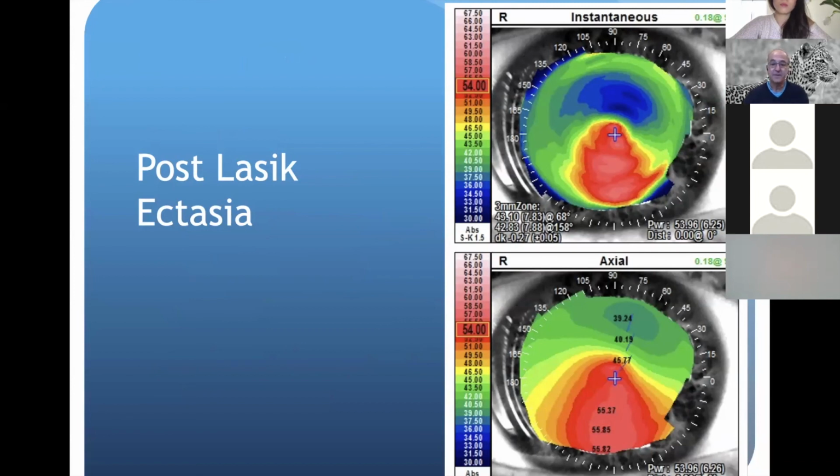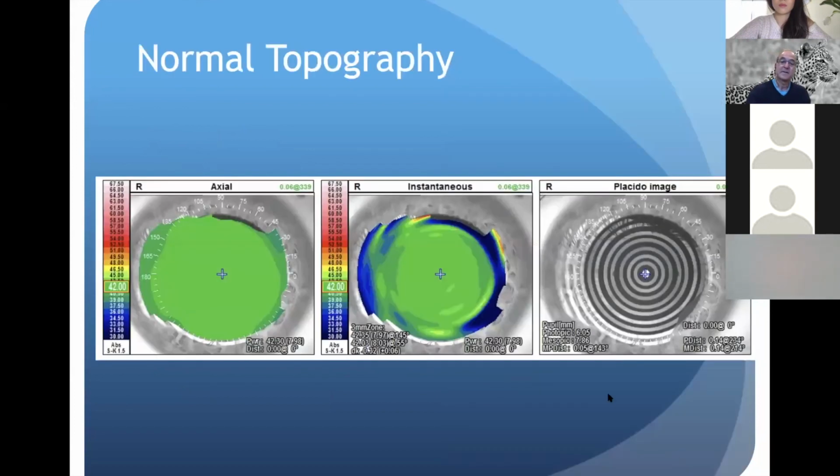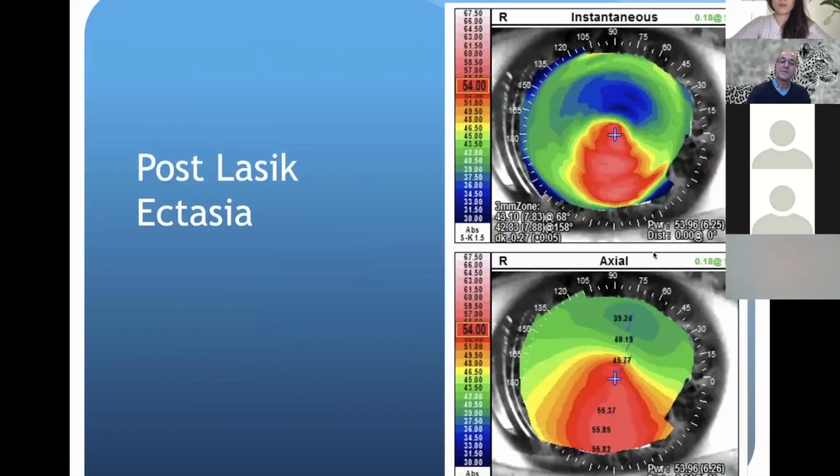And here's an example. This is a patient who underwent LASIK a number of years before, and the only thing that makes it look slightly unusual is that it's not that much on a diagonal. It's vertical, but in many cases of ectasia, it doesn't have to be like this.